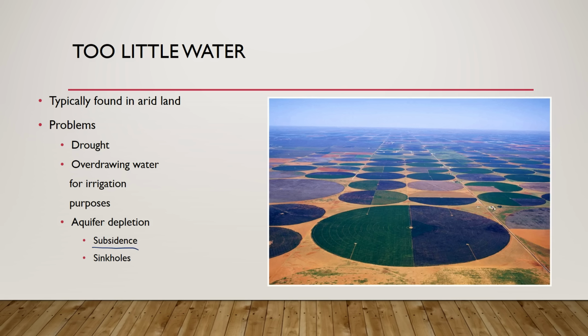It's a slow process. We're not talking about a rapid opening of sinkholes, which do also occur. We've seen that happen in Florida actually a few times. Subsidence is just a slow sinking of the ground because we're taking essentially matter out of the ground, and the soil and rocks slowly settle to fill in those gaps that were at one point filled by water. That's subsidence. Now, in more drastic cases, we open up these caverns that we didn't know about.